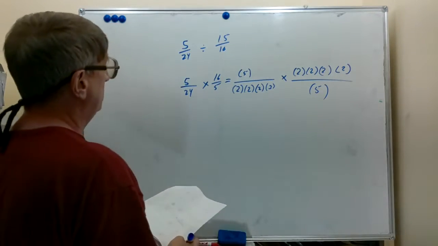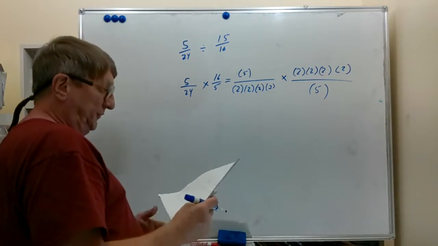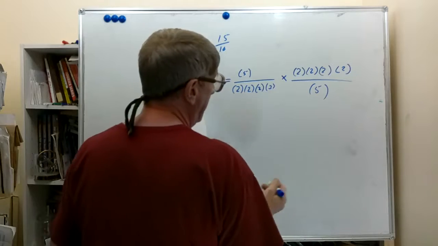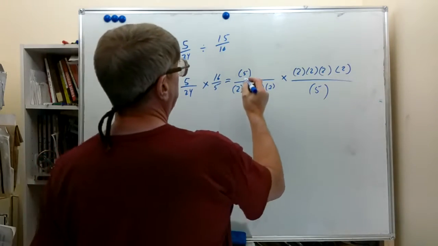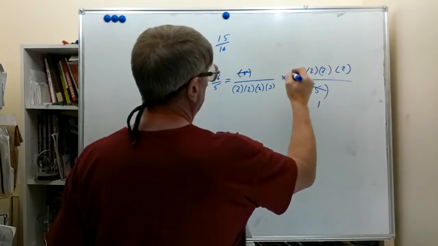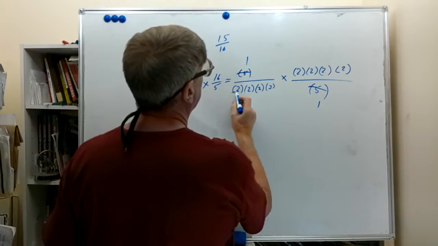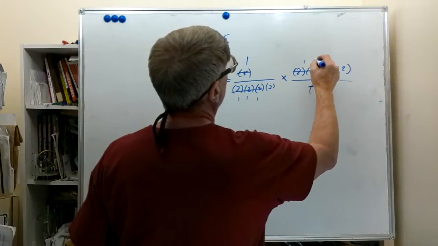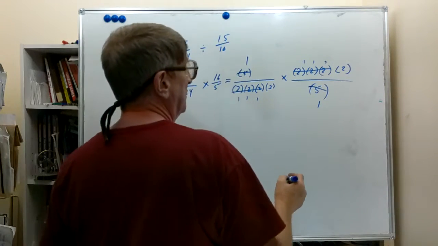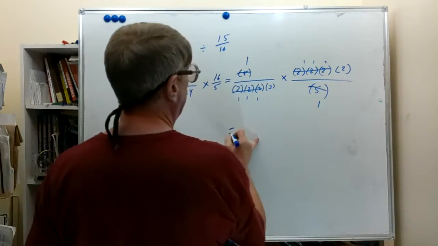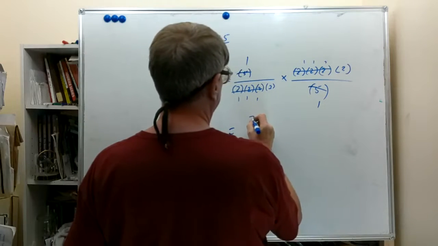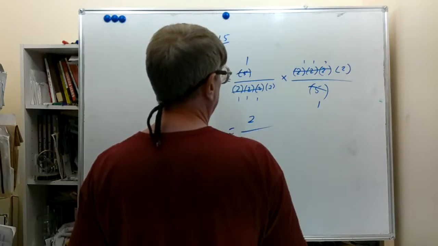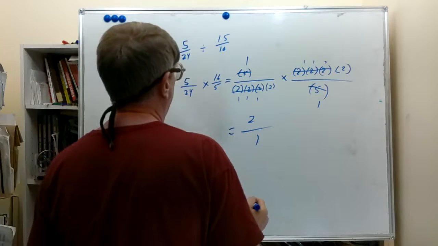Now we can start canceling factors and replacing them with 1. We have 3 2's we can replace, all 1, 1, 1. What's left? For our numerator we have a 2, and for our denominator, 1.